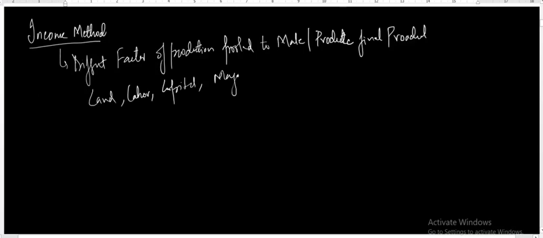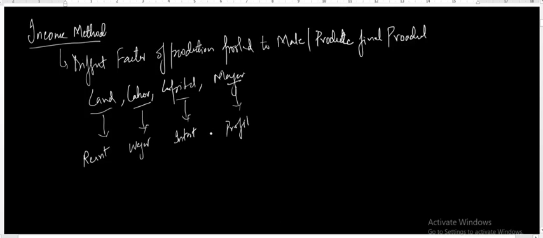We need to pay them some compensation. For the land we are going to pay rent, labor is going to get wages, capital is going to get interest, and the manager will keep the profits. If we add them up, this results in the total income, that is the aggregate income generated in an economy, and it is also equal to the national income.